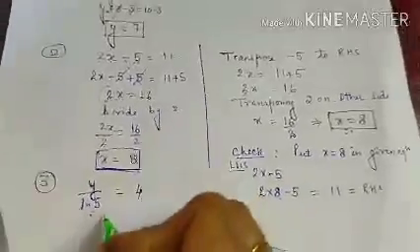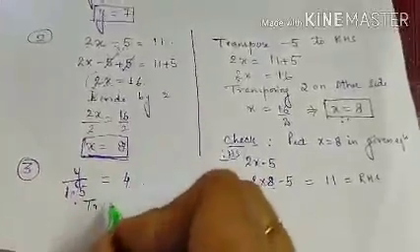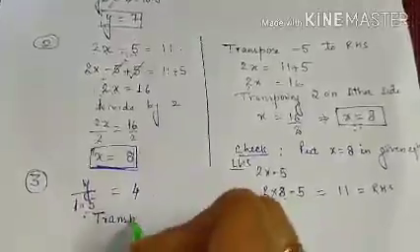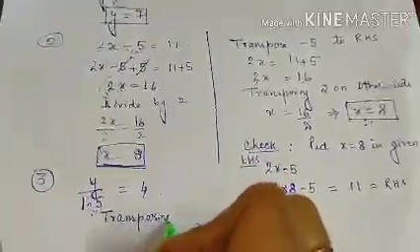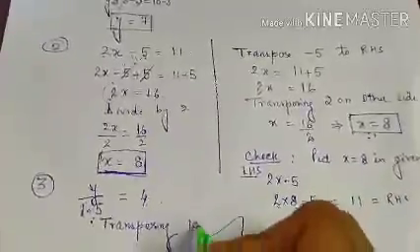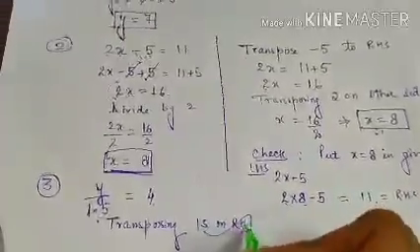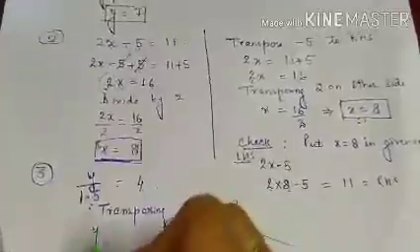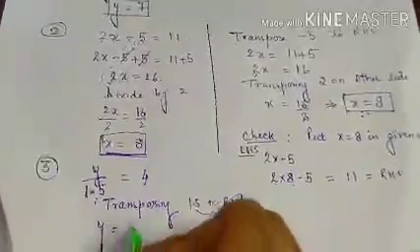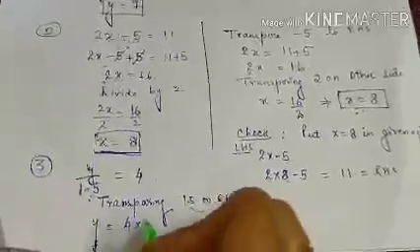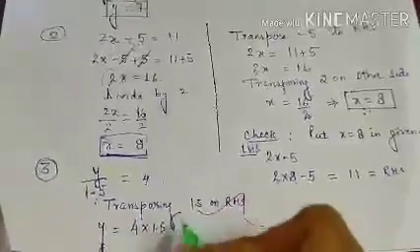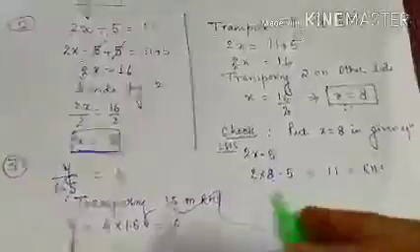So transposing 1.5 to the right hand side, you get y equal 4 multiplied by 1.5, and that is 6.